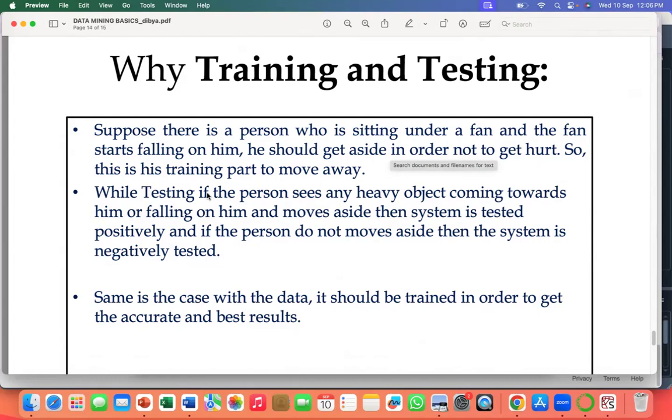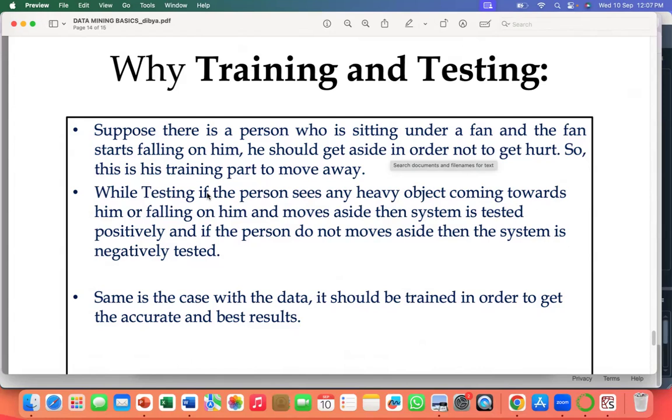Now, while testing, what will we do? If the person sees any heavy object coming towards him or falling on him, he has to move aside. If he moves aside, then the system is tested positively. We trained with a fan, and now in the testing phase, if a heavy object is falling on him and he moves aside, then our system is tested positively.